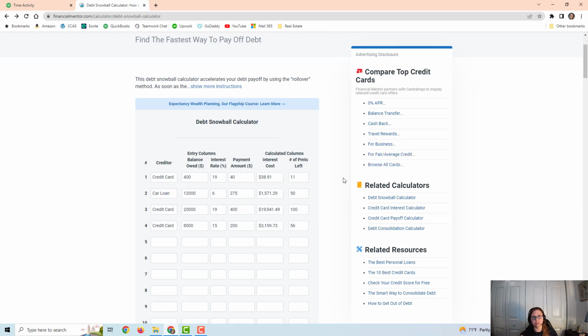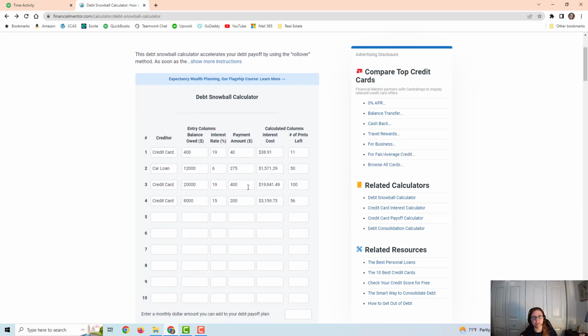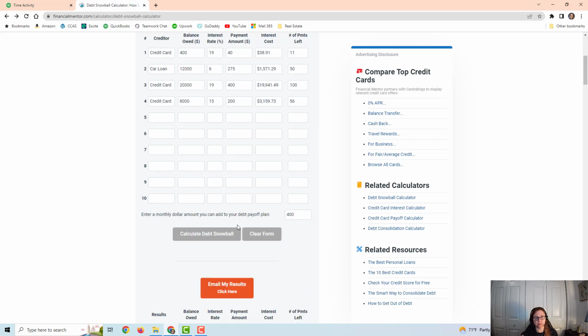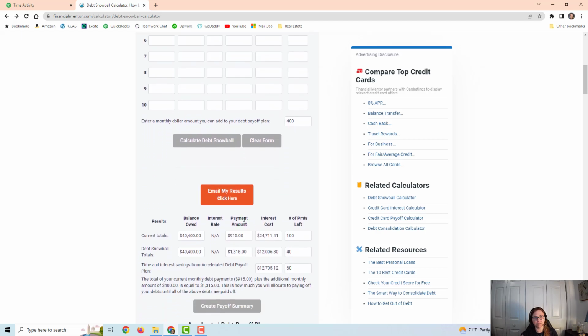Okay, so once you get done putting in all your debts and your minimum payments, you can go down here to the bottom and enter a monthly dollar amount you can add to your debt payoff plan every month. So I'm just going to put 400 in here, and then I'm going to click calculate debt snowball. You can get these results emailed to you, but the information is right here.